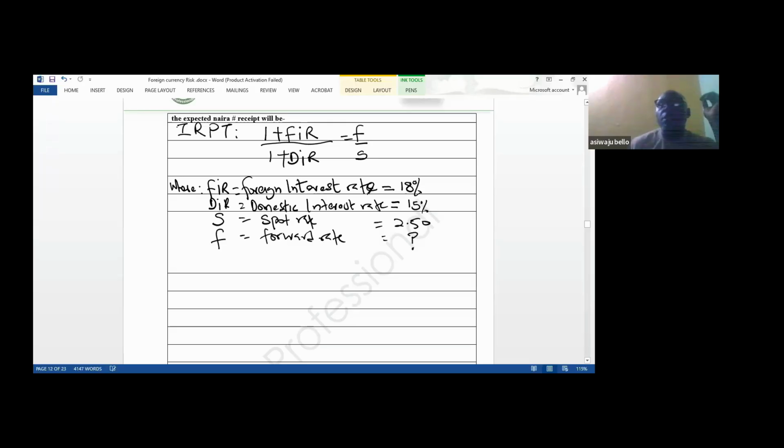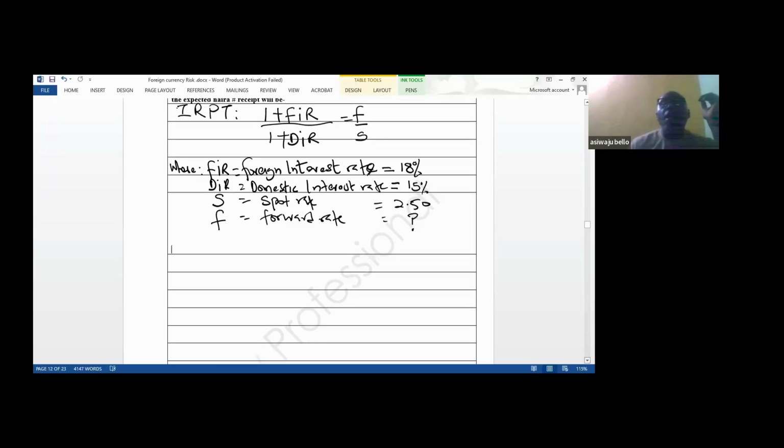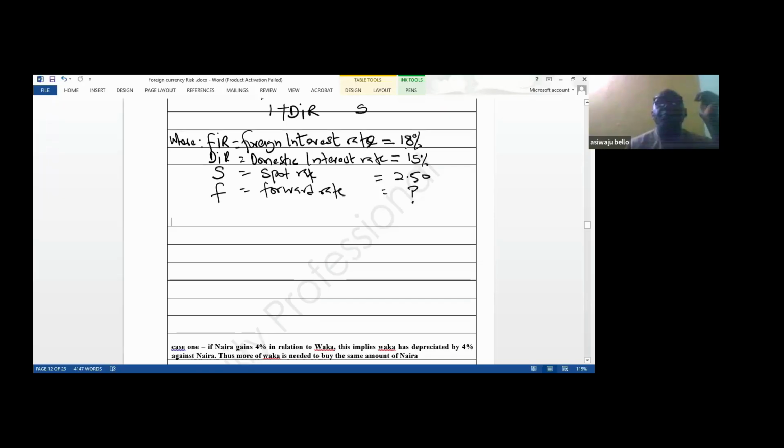Now, this interest rate is per annum, but we want to forecast the forward rate for 6 months. That means you need to get 6 months interest rates.